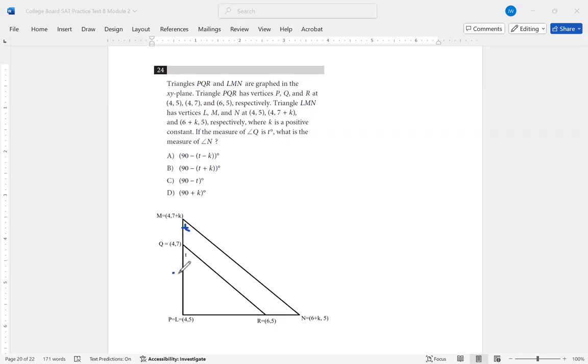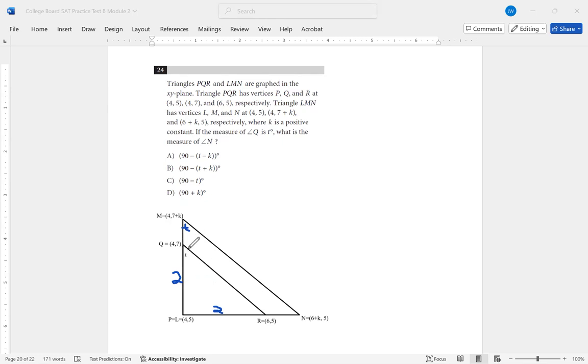Also, notice that this is 2 units up, this is 2 units over. So we went 2 up, 2 over. Now we've gone 2 plus k up and 2 plus k over. So we're getting parallel lines, we're getting the same slope.